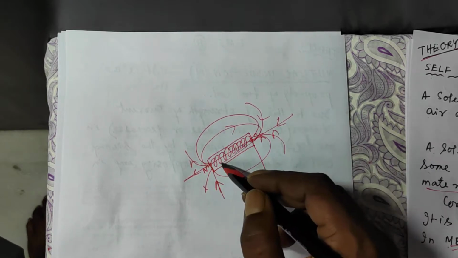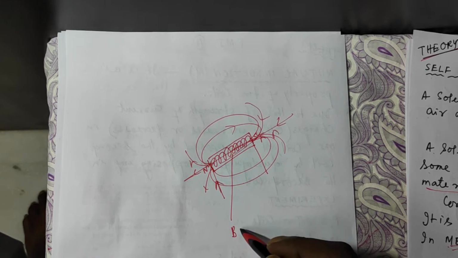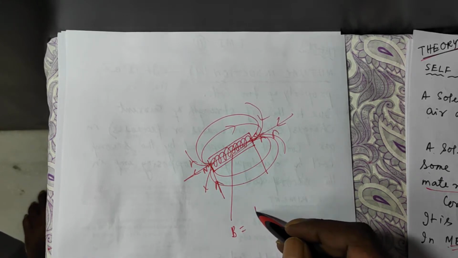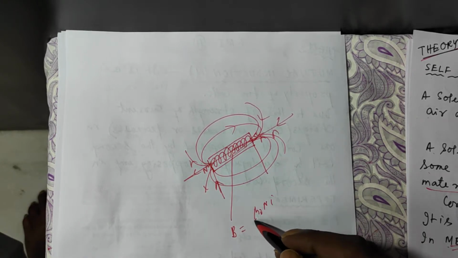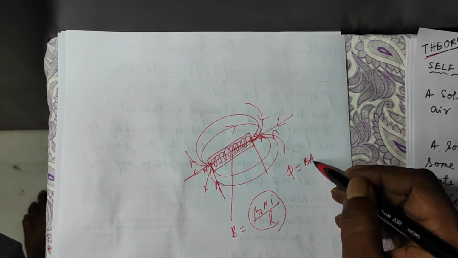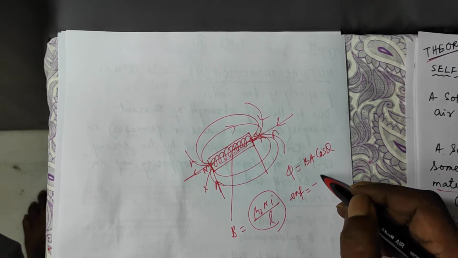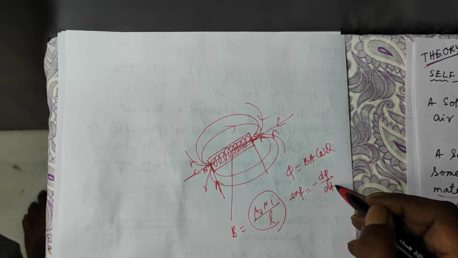Its own magnetic lines of force are passing through this, which means each turn is associated with a flux. At the center B was equal to mu naught Ni over L, and your flux was equal to BA cos theta, and your EMF was equal to minus d phi by dt.